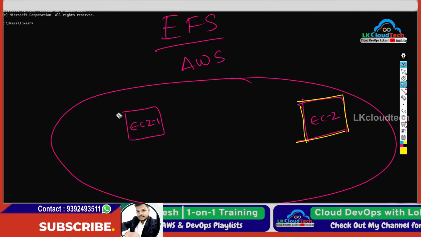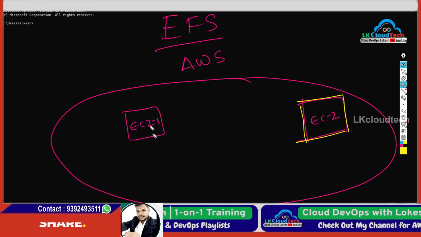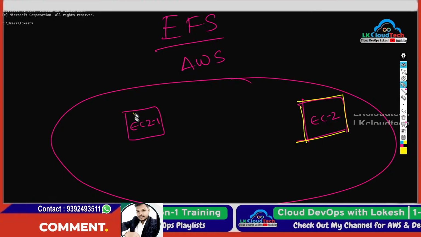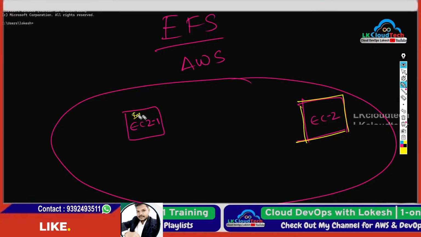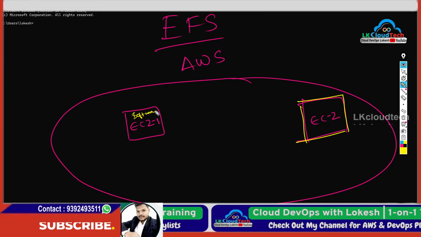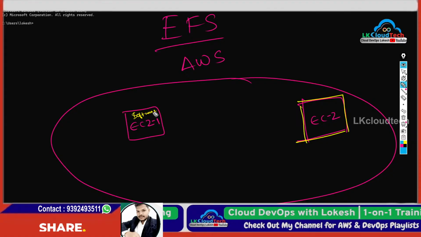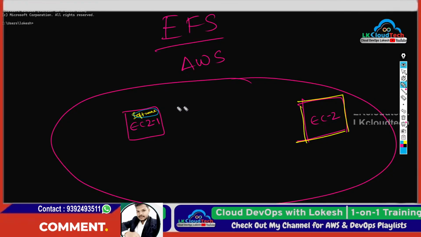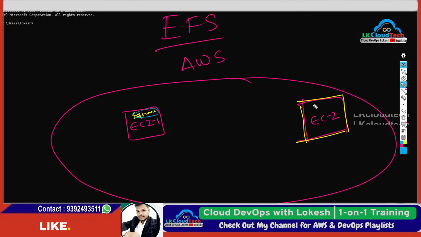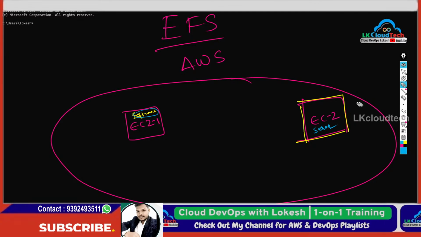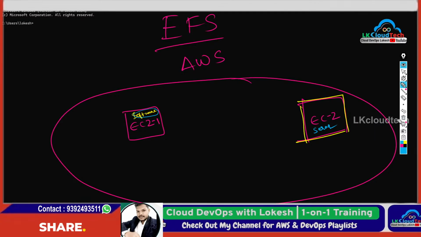Now this is another requirement. EC2 instance 1 has some files, for suppose important software files. These software files need to be transferred to the other EC2 server. How?